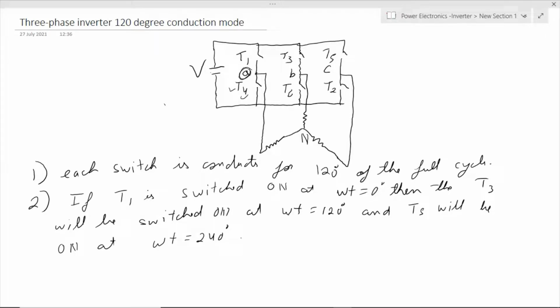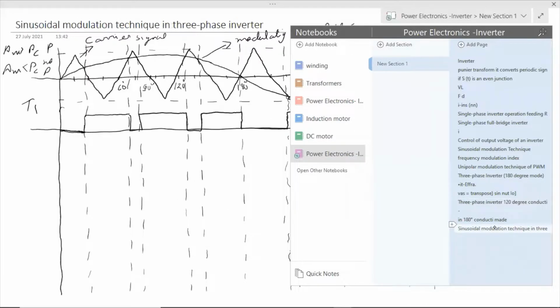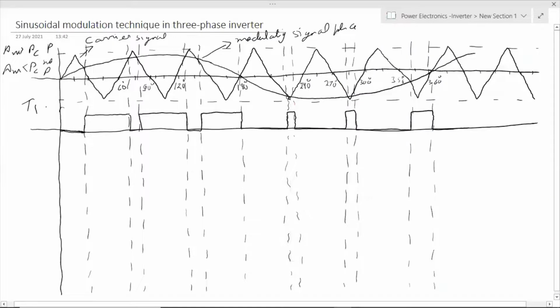It means your T1 pulse is the same as VA. Whenever T1 is on, VA is equal to V.